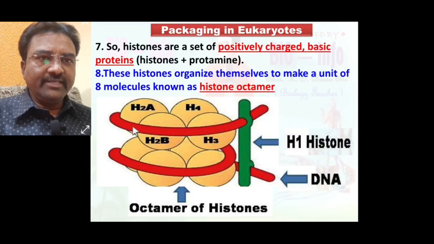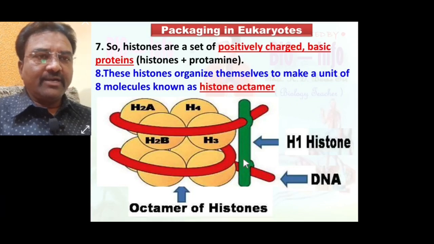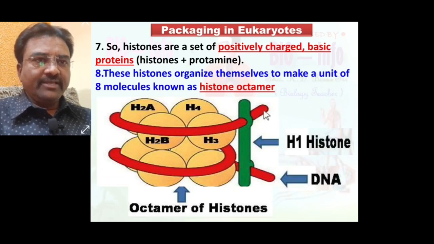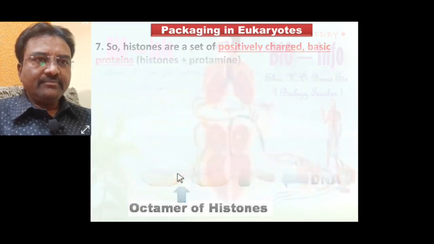So this DNA is wrapped on the octamer of the histone, and H1 histone helps bind the wrapped DNA on the octamer of the histone. Here the histone octamer is seen in diagrammatic representation.